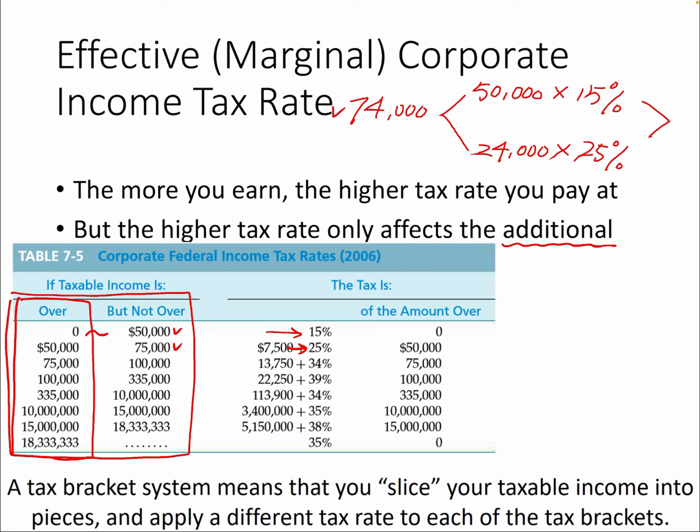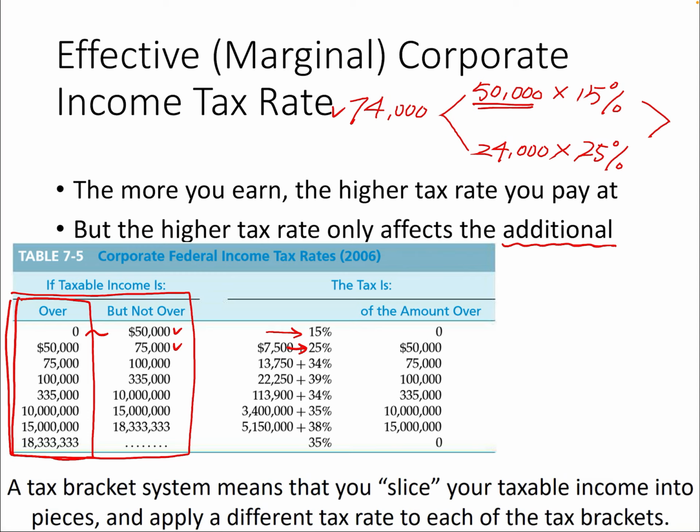Okay, so let's check this example. This is exactly what I said. So you earn 74,000 a year maybe, and this number is bigger than 50,000, right? But lower than 75,000. So how do you calculate your income tax? First, you need to fill the 50,000 bracket. The first 50,000, the tax rate is 15%, so you use the 50,000 times 15%.